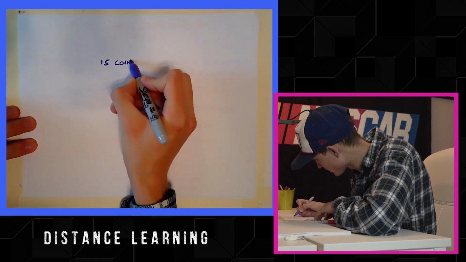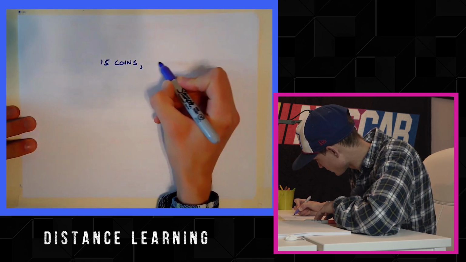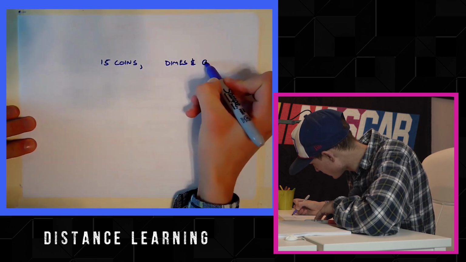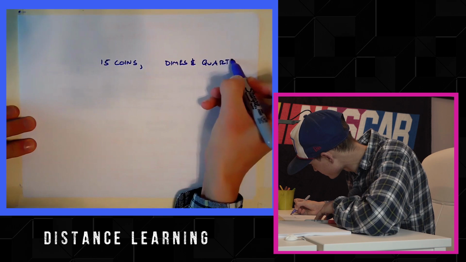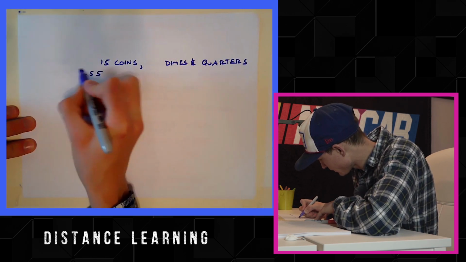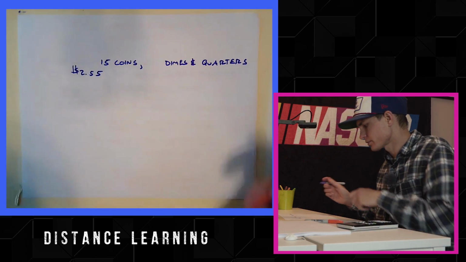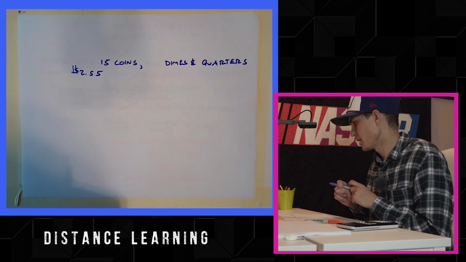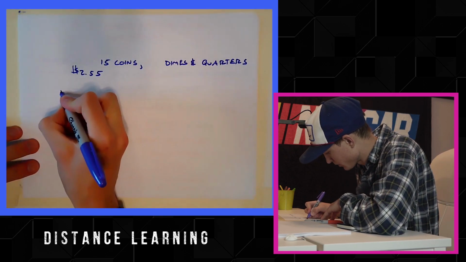15 coins, they're dimes and quarters, and they're worth $2.55. Okay. We're going to do a different type of table. Slightly different. Not by much, though.